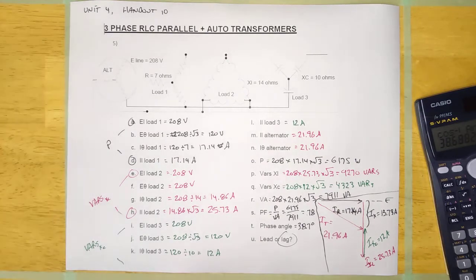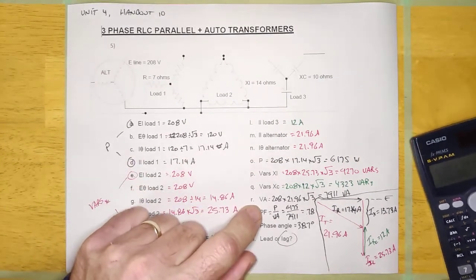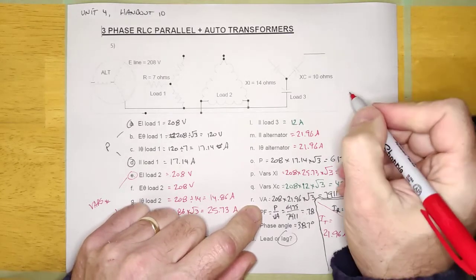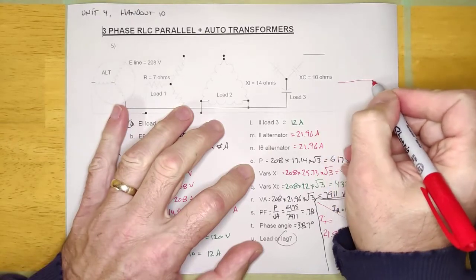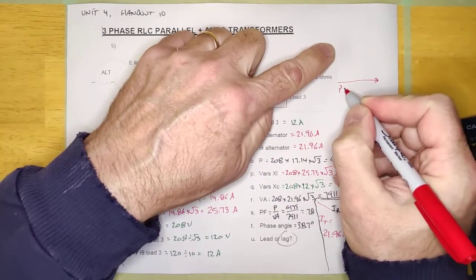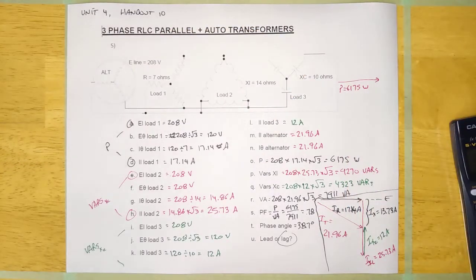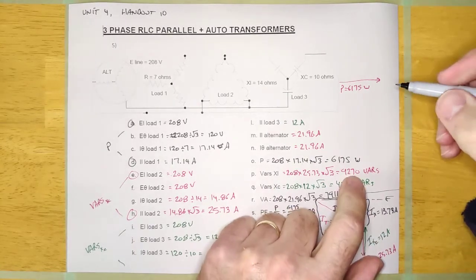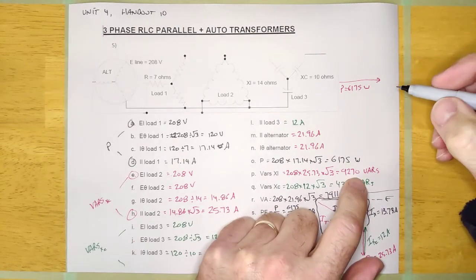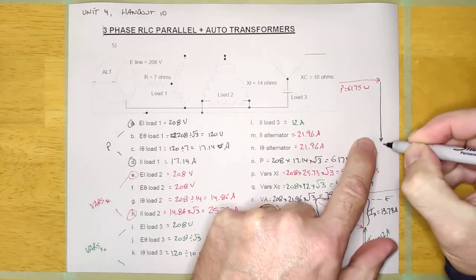Now, before you go, guys, just so that you know I'm not lying to you, I'm going to draw these power phasors and see if they add up to 7911. All right, guys, so I'm going to draw it right up here. The true power is 6175, so I'm going to draw that right here. Okay, P is equal to 6175 watts. Then I'm going to draw my vars XL just for fun here, 9270, so that's going to be this long line right here, right?